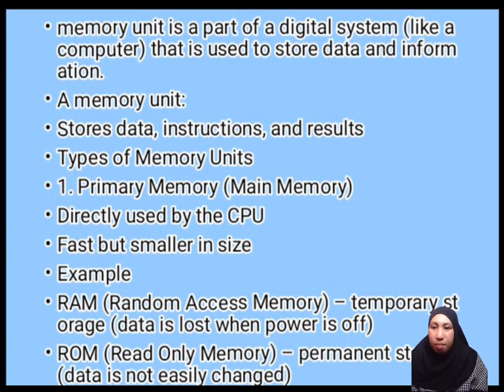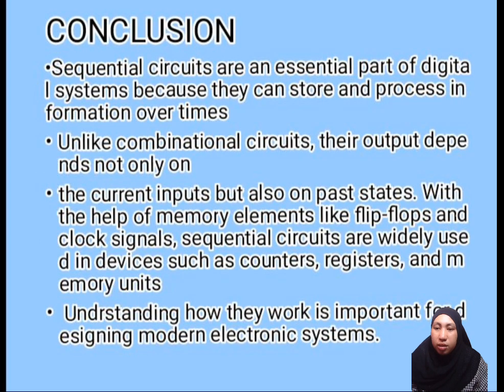Example: RAM, random access memory, is temporary storage, and data is lost when power is off. ROM, read-only memory, is permanent storage, and data is not erased.